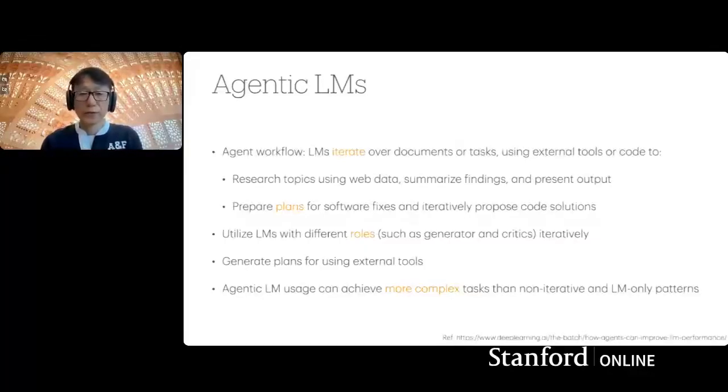However, if you put your task in this type of agentic format or pattern, then the model will do more complex tasks, even using a model that may not be able to do it if you don't do it this way. So that's one of the reasons that agentic language models are pushing the boundary, so that the things we can do with AI agents are more complex or cover different domains we can rely on.